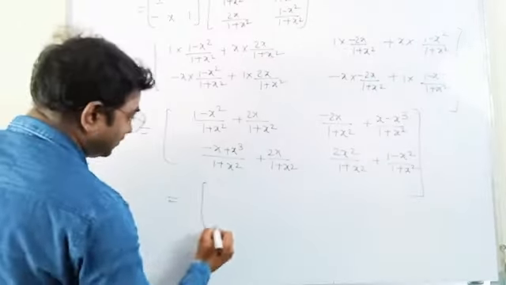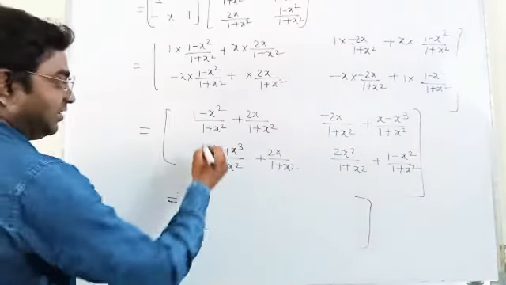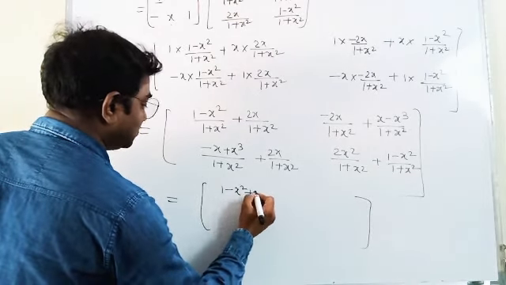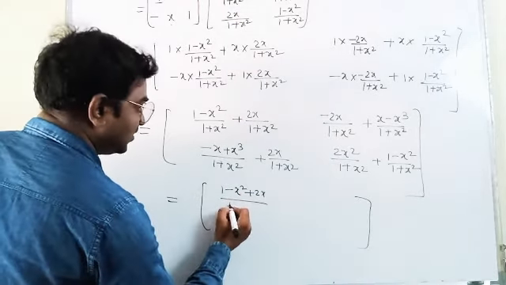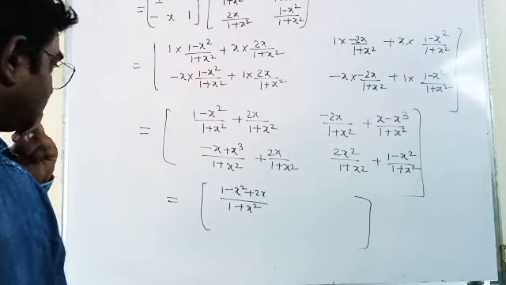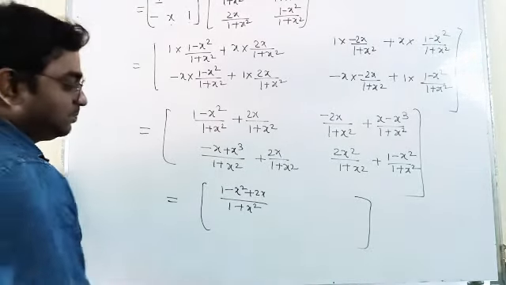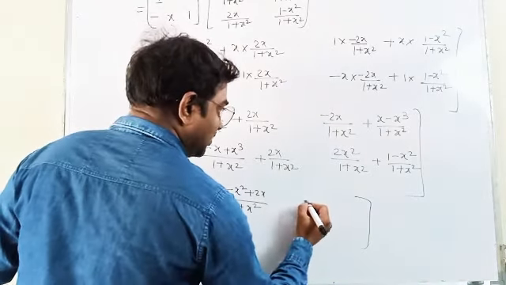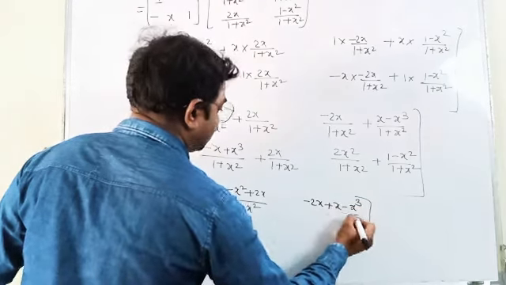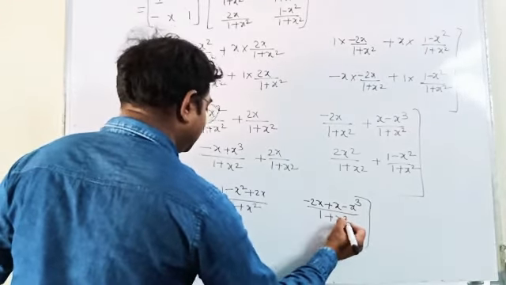Next step, we have to write this 1 minus x square plus 2x divided by 1 plus x square. In the second step, this will become minus 2x plus x minus x cube upon 1 plus x square.